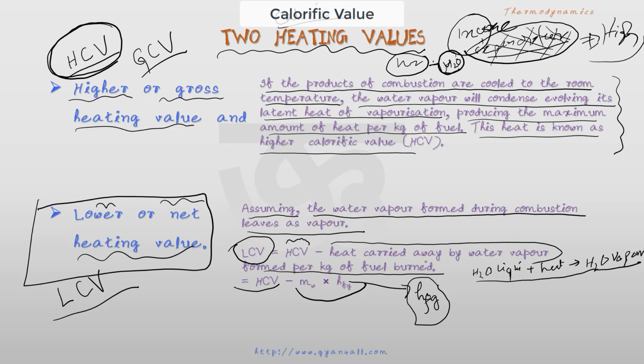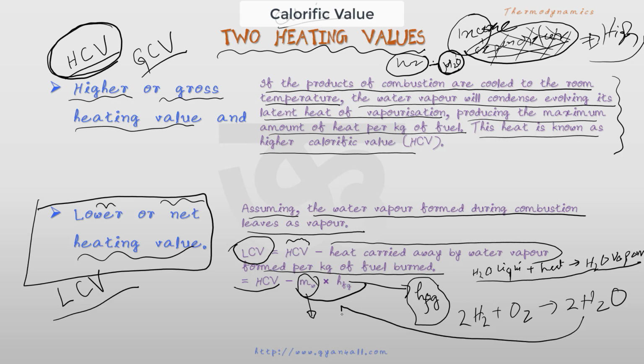Okay, so what is formed? Immediately water becomes vapor by absorbing heat from the combustion process, and that is a loss, actually. This is loss or expenditure. So what is mw? The mass of water produced by burning, produced by H2 plus O2 to H2O.